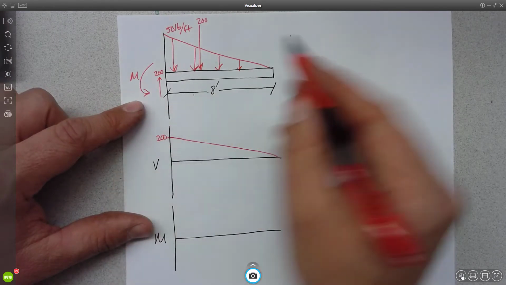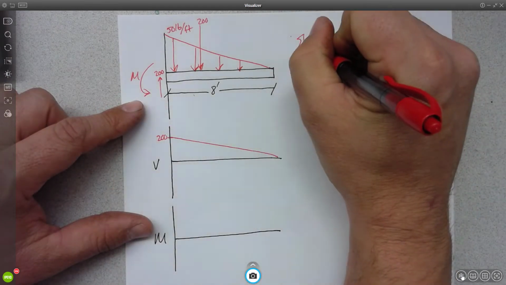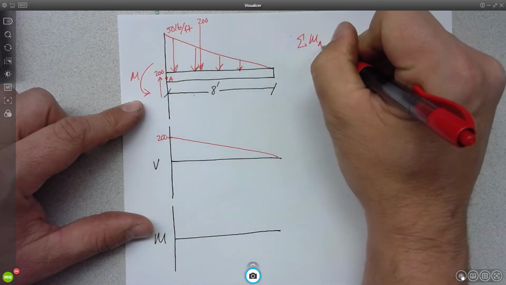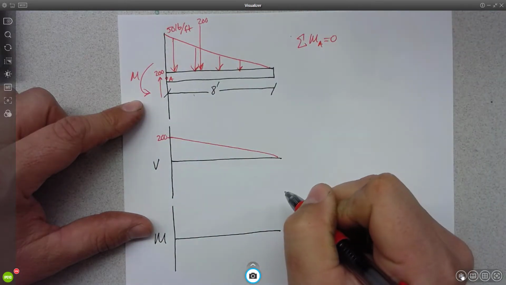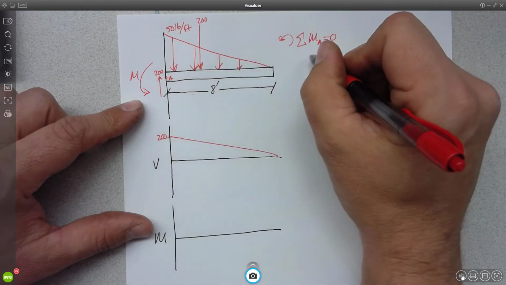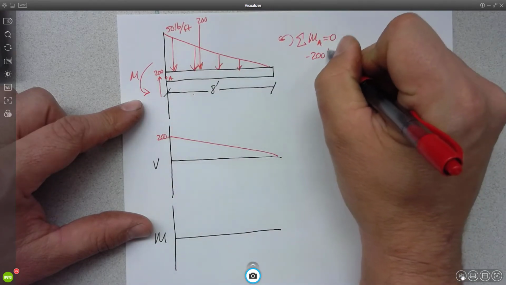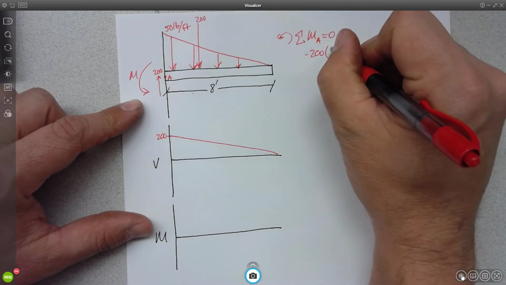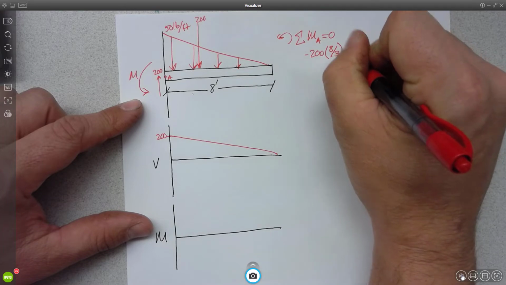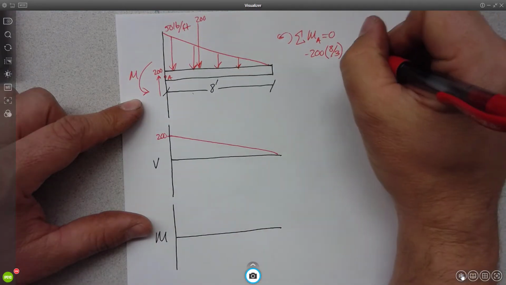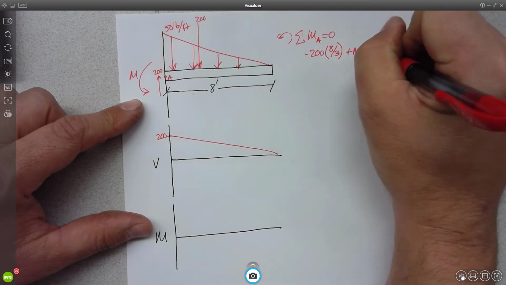So to find our reaction, let's call this A, sum the moments about A and set that equal to 0, counterclockwise being positive. We'd have the resultant, 200, acting in the negative direction. Where would it act? 1/3, so 8/3 over. And then I'd have plus M equals 0.